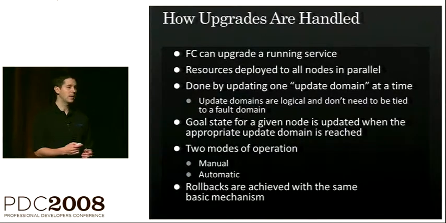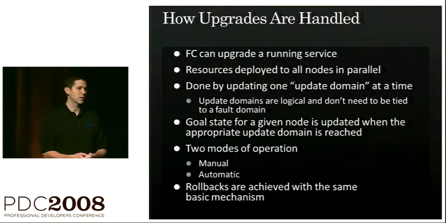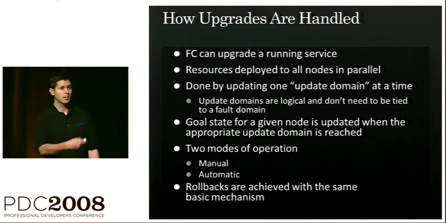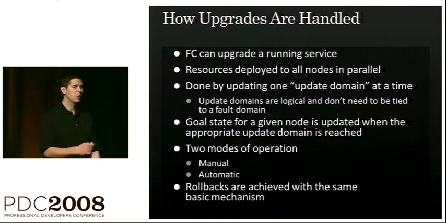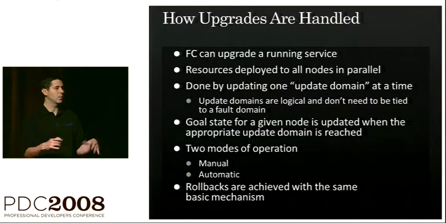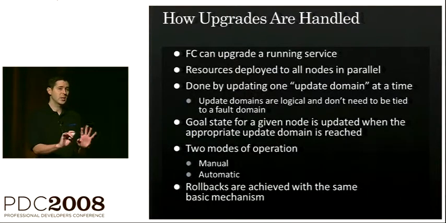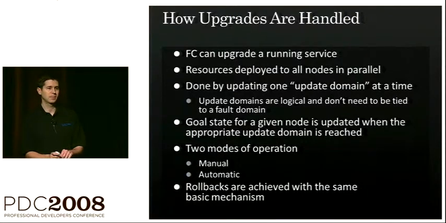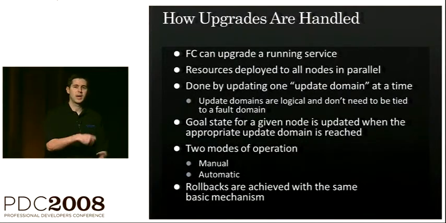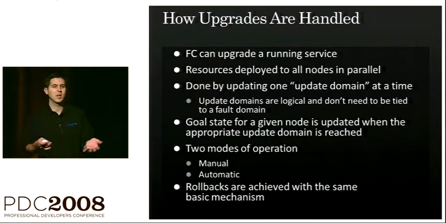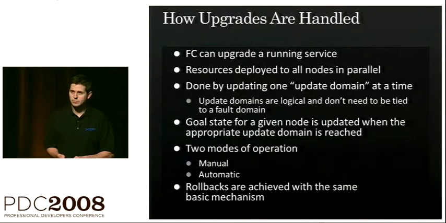So it's very quick and easy for us to drive that machine into the goal state again. We just tell the node, it can still be running. We tell the role about the new config setting. Your role might say, hey, I can handle it, great, and we don't even shut you down. Or you might say, you know what, I can't handle that config setting, in which case we'll shut your role down and restart you quickly. But this all happens in a matter of seconds, right?